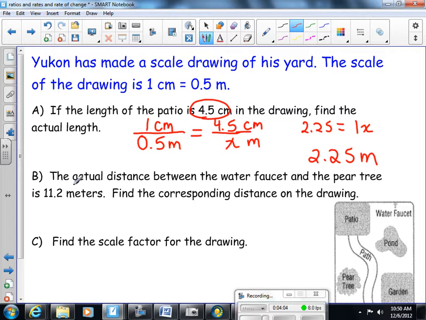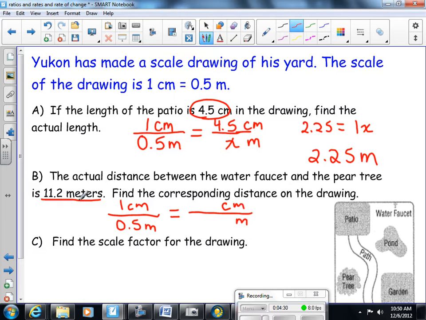Let's look at the second one. The actual distance between the water faucet and the pear tree is 11 2/10 meters. Find the corresponding distance on the drawing. This time they're telling you what it is in real life, and you're going to find out what it is in the drawing. Again, we start with the same key, 1 centimeter compared to half of a meter, equal to blank centimeters over meters.